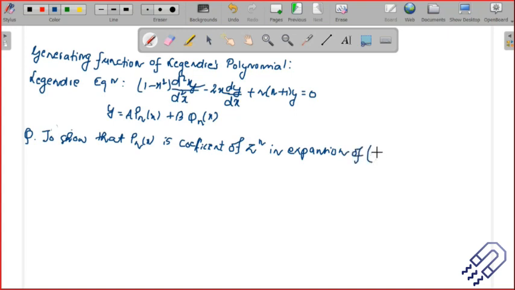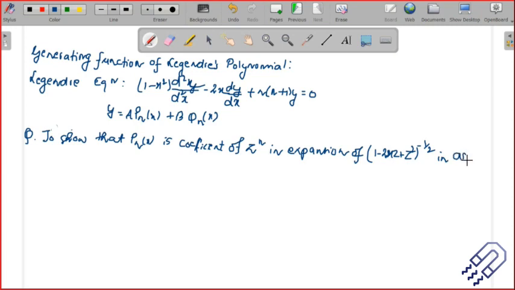That means that is our generating function. Okay, so when we actually expand this, 1 minus 2xz plus z square whole thing to the power minus half, this is x. Okay, and this is actually the function which will actually generate the polynomial.